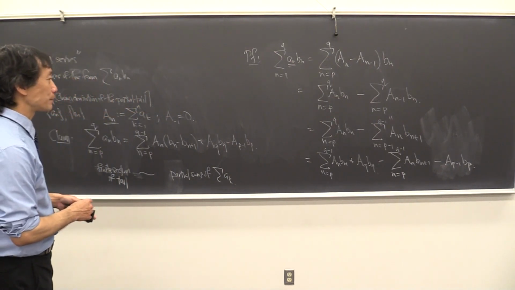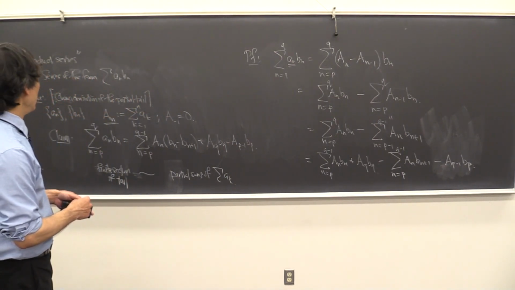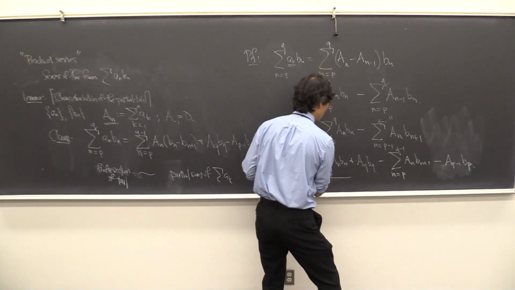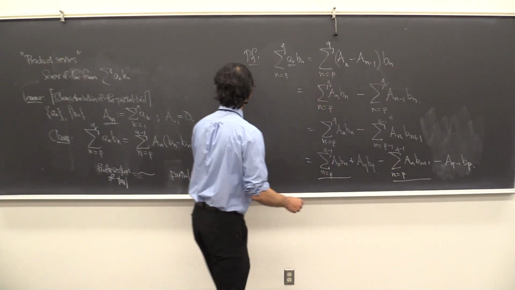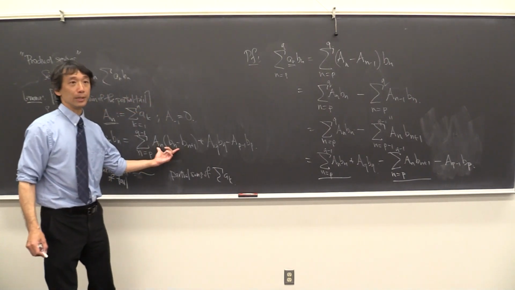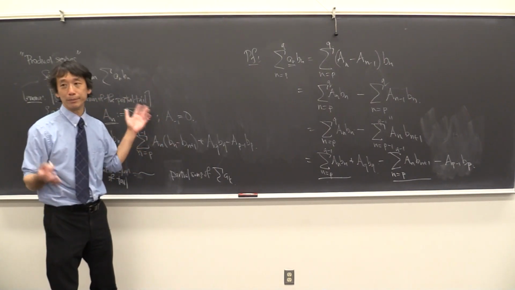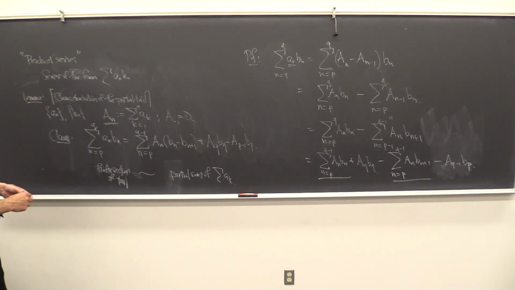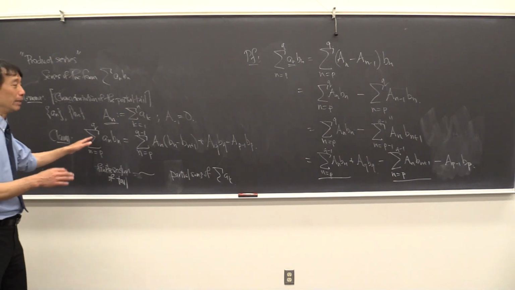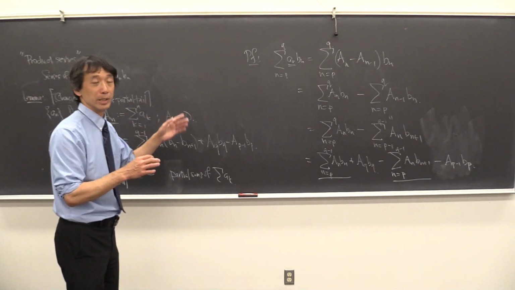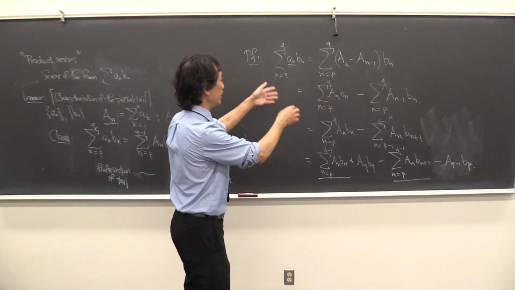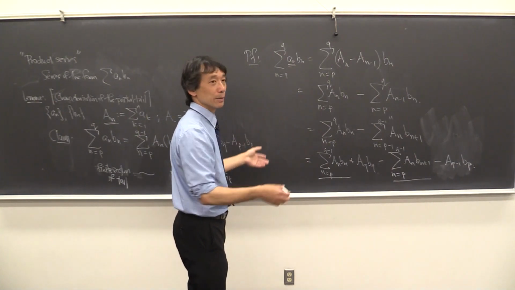Okay, and then you see what happens. You put these two together, combine them, and you get this. You distribute out. So that's it. So there's this lemma. As you see, there's really nothing to this lemma. It's just re-indexing and then separating out some terms.